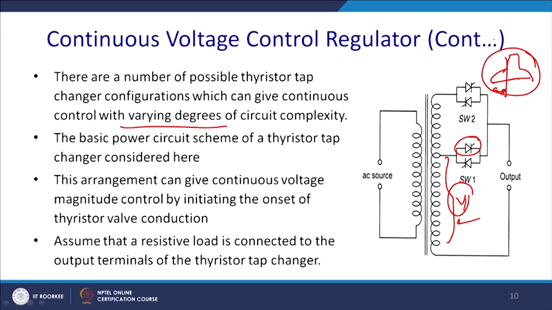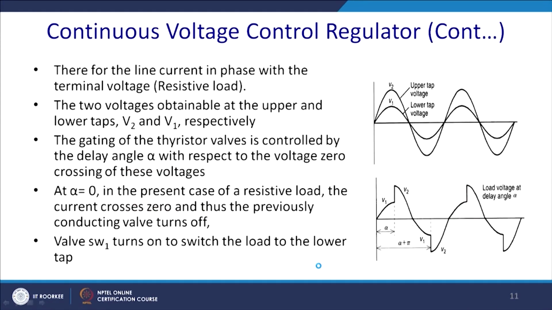The basic power circuit scheme of the thyristors of a tap changer is considered. This arrangement can give continuous voltage magnitude control by initiating the onset of the thyristor pulse conduction. We can start from alpha equal to 0. Assume that a resistive load is connected to the output terminal of the tap changer; we shall see the waveform.